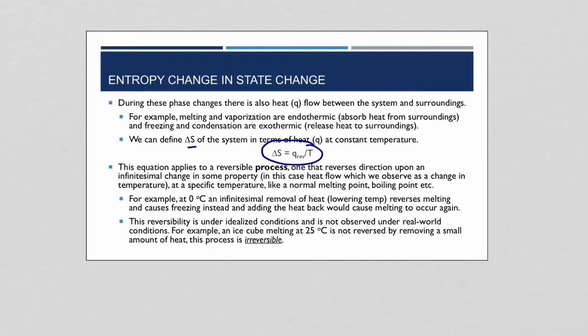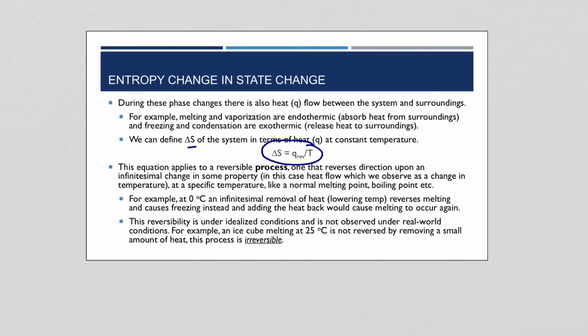Strictly speaking, a reversible process is one that reverses direction upon an infinitesimal change in some property. In the example we were looking at, that infinitesimal property is the heat flow, which we observe as a change in temperature, at a specific temperature, like the boiling point or the melting point of a system.